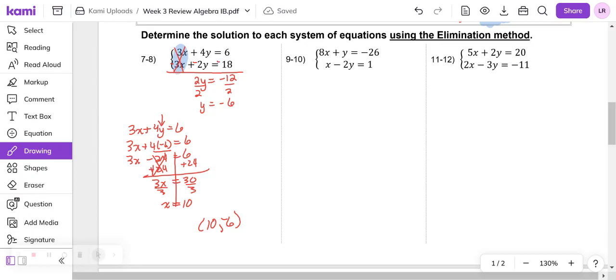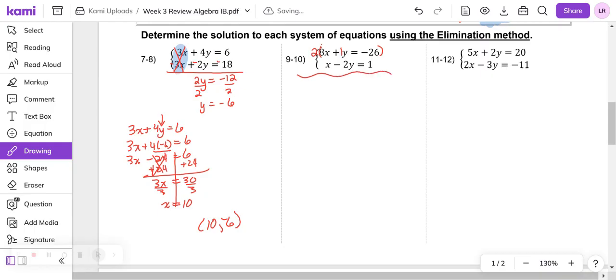In this particular one, I'm going to work with the y's. What I notice is that I have a 1y on top and a negative 2y on the bottom. So one of the options is I can multiply the top equation by 2. I'm going to leave the bottom one alone.